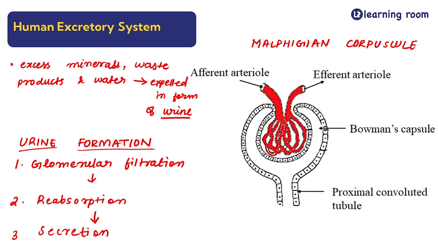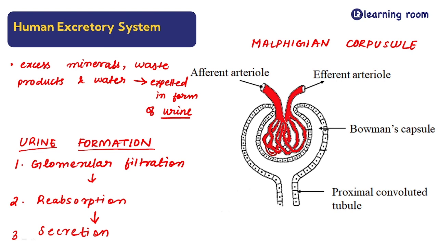Before we begin talking about glomerular filtration, this image here shows the ultrastructure of the Malpighian corpuscle. As you can see, the Bowman's capsule is a cup-shaped structure that is only one cell layer thick.